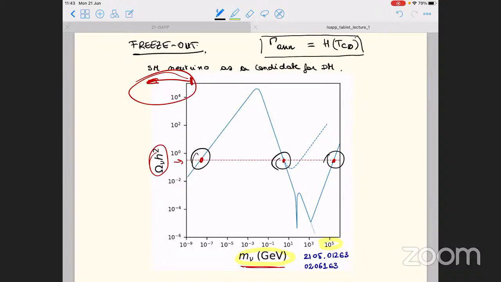In order to know what is happening there, I have to look at the neutrino interactions, which depend on the gauge coupling. Depending on whether the dark matter, the neutrino, is relativistic or non-relativistic at the time of chemical decoupling, I'm going to have one or another solution here.